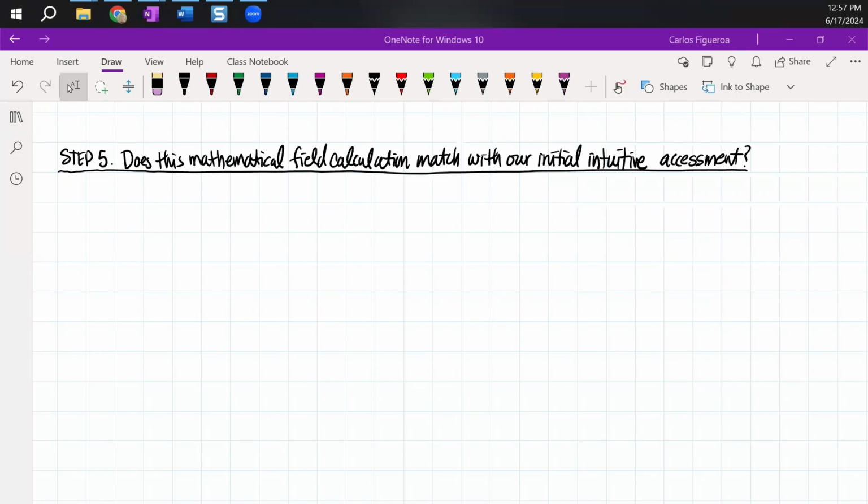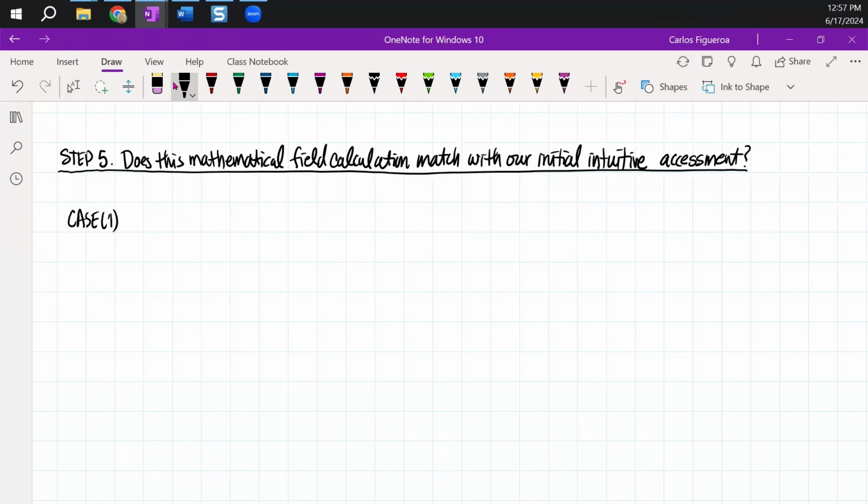Step 5: does this mathematical field calculation match what our initial intuitive assessment was? We have two critical points that we looked at.